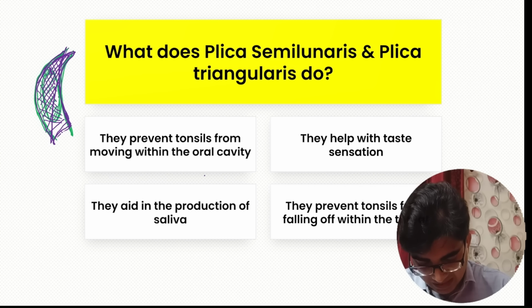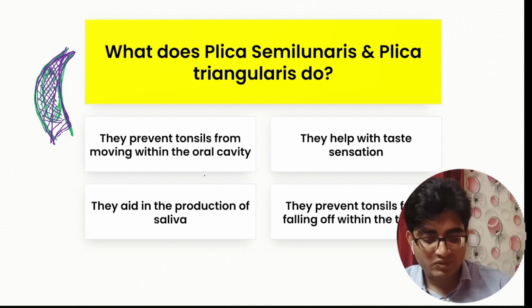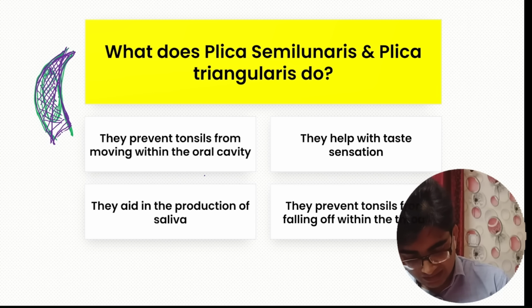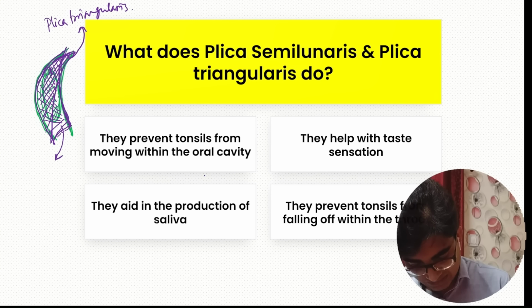That means it is going up to the posterior pillar across the superior pole of the tonsil, and this very membrane is known as plica triangularis, which is posteriorly, and this is known as plica semilunaris, which is anteriorly.